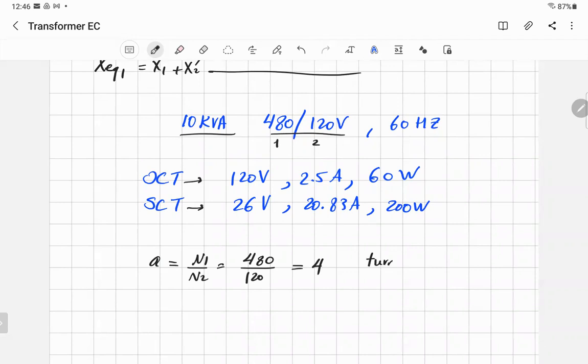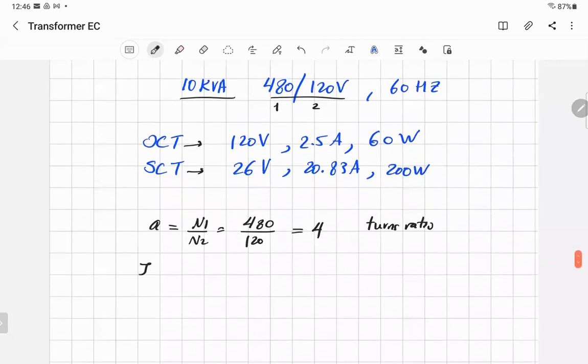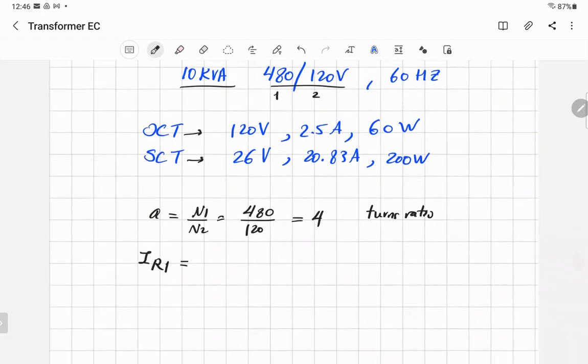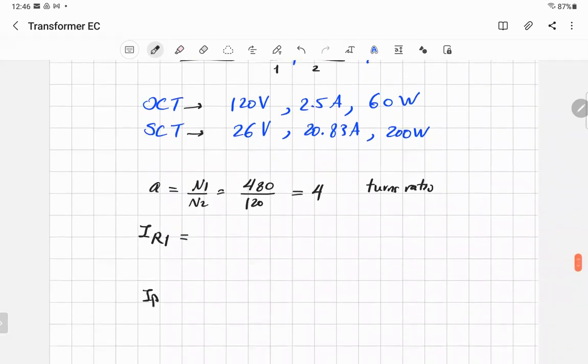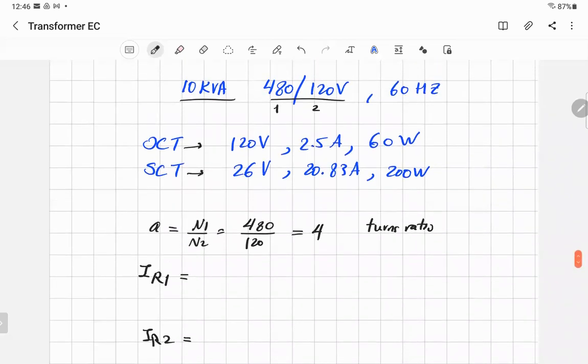That's the first thing. Now I'm going to find the rated current on side 1 and also the rated current on side 2. For side 1, I'm going to divide S, by the way, that's the apparent power in volt-amps. Somebody will ask, is it S1 or S2?